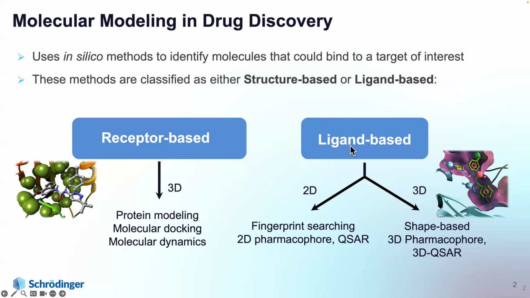But if you don't have the structure, then you can build a QSAR model or pharmacophore model taking only the ligands into account. In ligand-based approaches, you should already know some of the active compounds or some biological data of these compounds. Okay, so now we'll talk about the QSAR method.